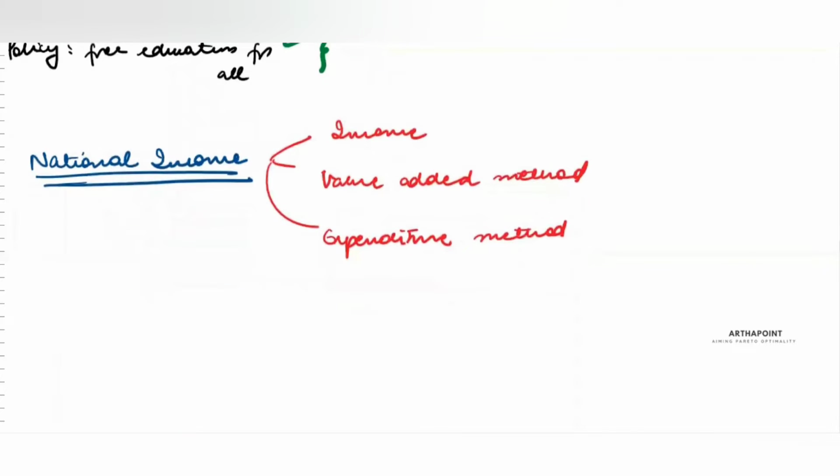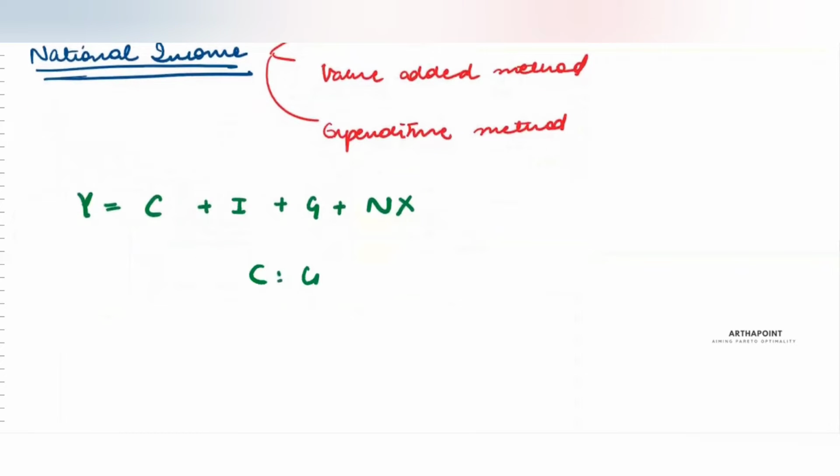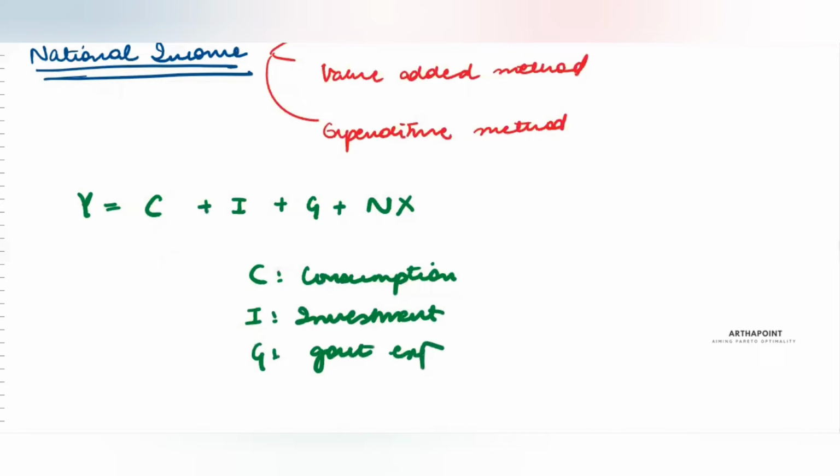When we talk about the expenditure method, the equation that we have in hand is Y equals C plus I plus G plus NX. C is the consumption done by the households. I is investment. G is government expenditure. NX is net exports.